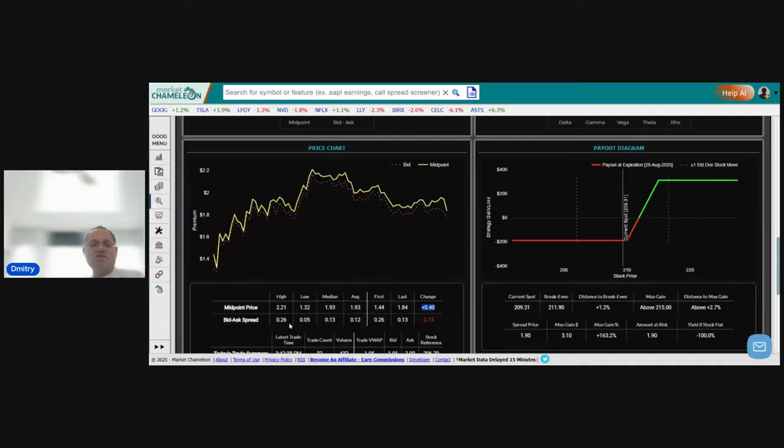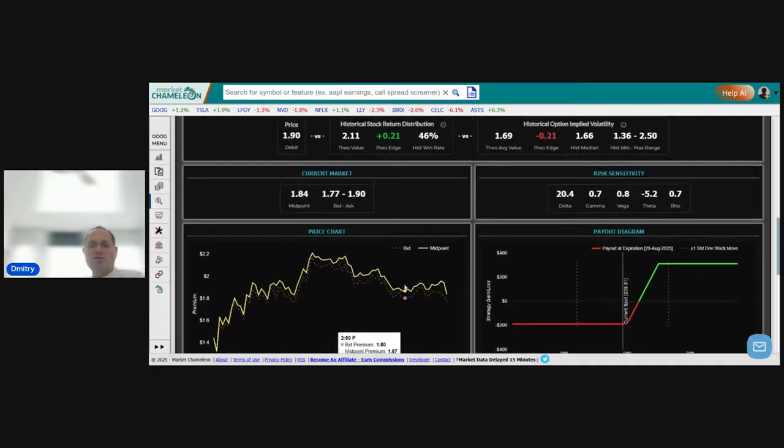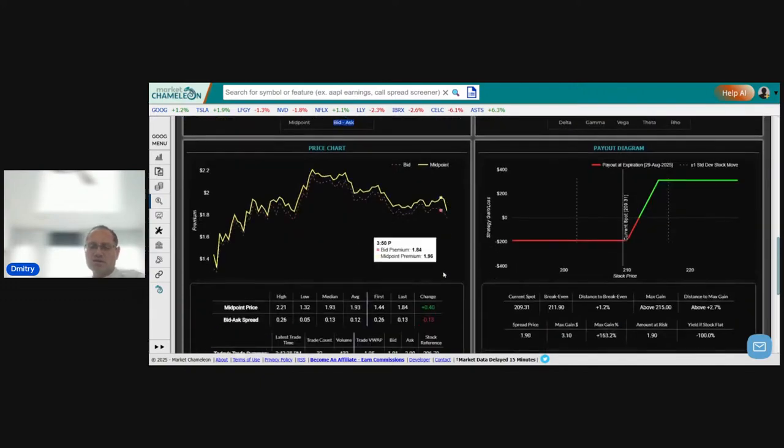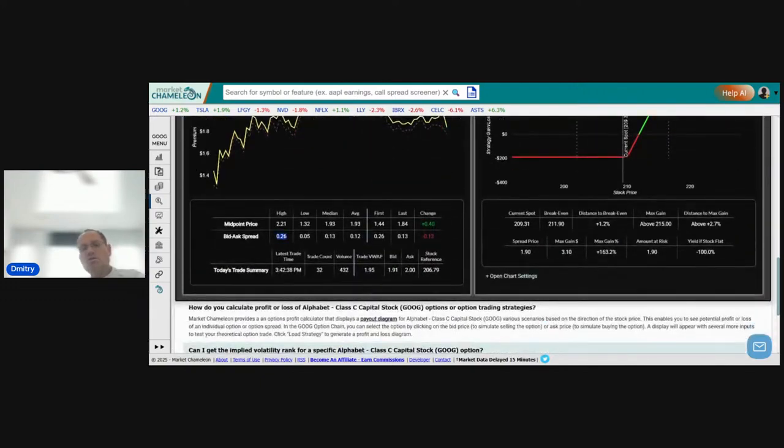A bid-ask spread is how wide the difference is between the bid and the offer. And that's important because it measures liquidity, right? Because if you're looking at any type of transaction, you want to know the liquidity. What is the cost of getting in and out of the spread based on the display prices?